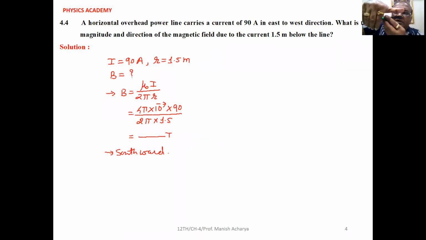So if you hold the right hand thumb like this, then from the lower side, the field lines are coming out. So if we draw the tangent, then the tangent will be towards me. So north to south means towards me, that is the southward direction. So direction of the field, that is southward. Clear to all of you?